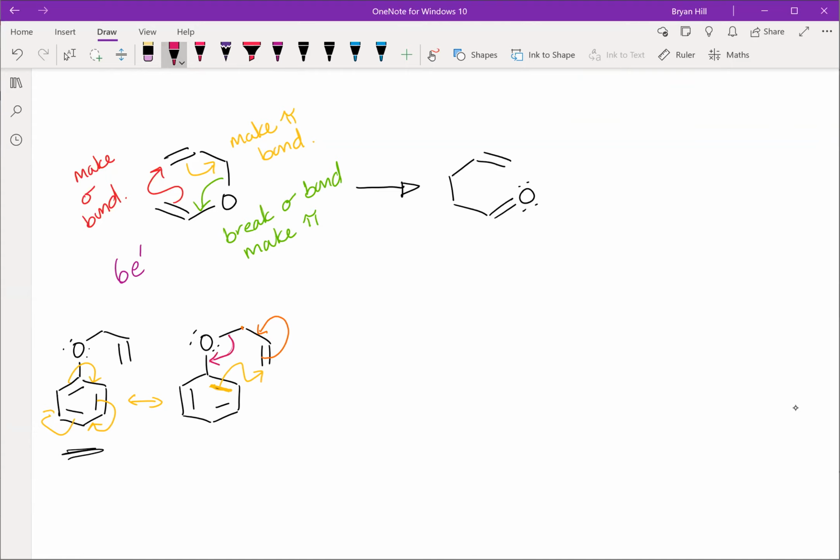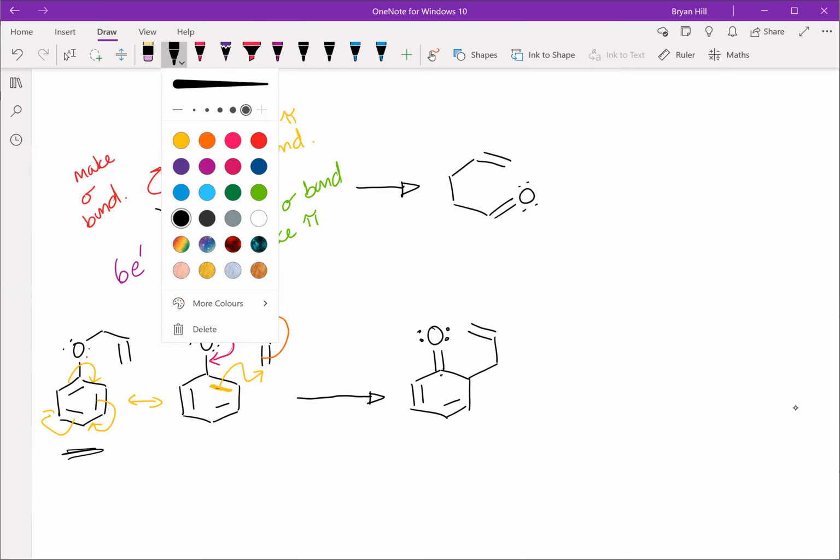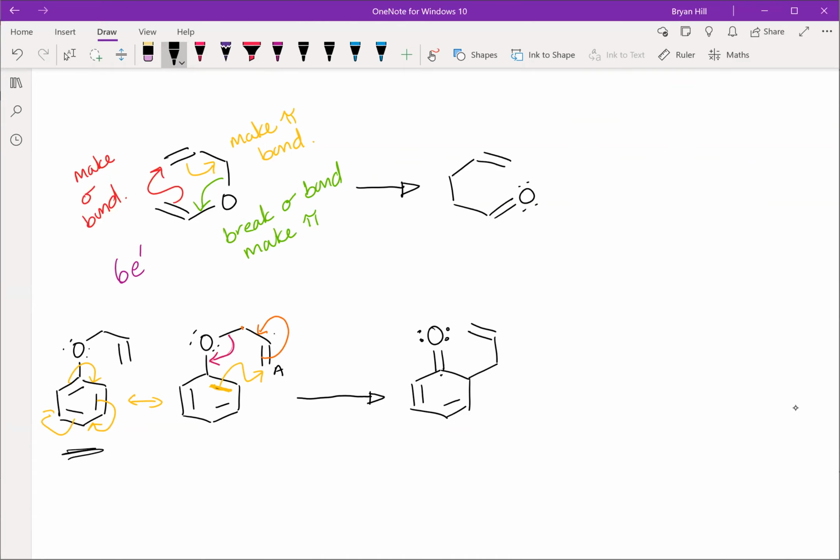So what does that give us? That gives us the following. That gives us this. So if I label the carbons here, A, B, C, A, B, C. Now there's something else which is really important, and I'm going to draw this little proton on here like this.